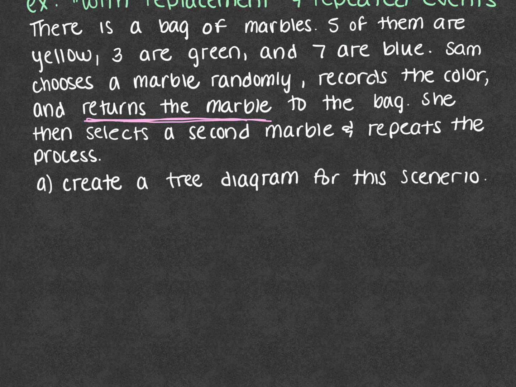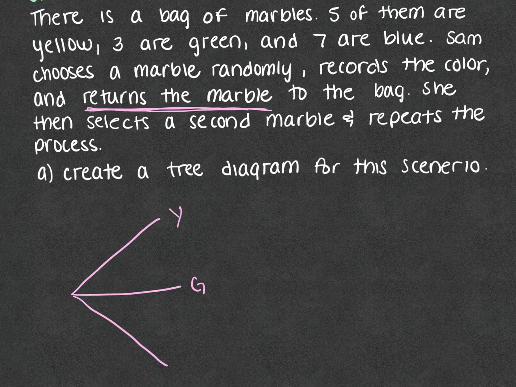So in this example, when she first is choosing a marble, there are 3 options that she could get. So I'm going to draw a tree diagram. All right. So she's able to choose either a yellow marble, a green marble, or a blue marble.